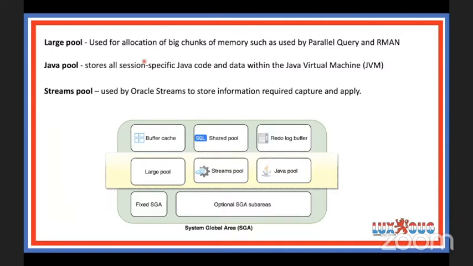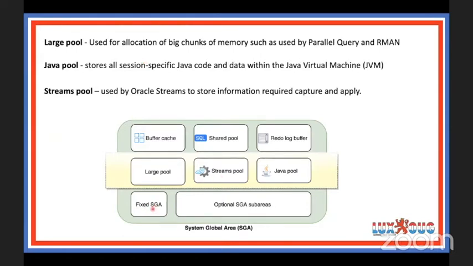And streams pool is not commonly used. Mostly we do not use streams, and Oracle also recommends that we use Golden Gate for application purposes, because with bigger data, streams is not a good option. For capture and apply, if we still use it for some small tables, we need to set streams pool accordingly.